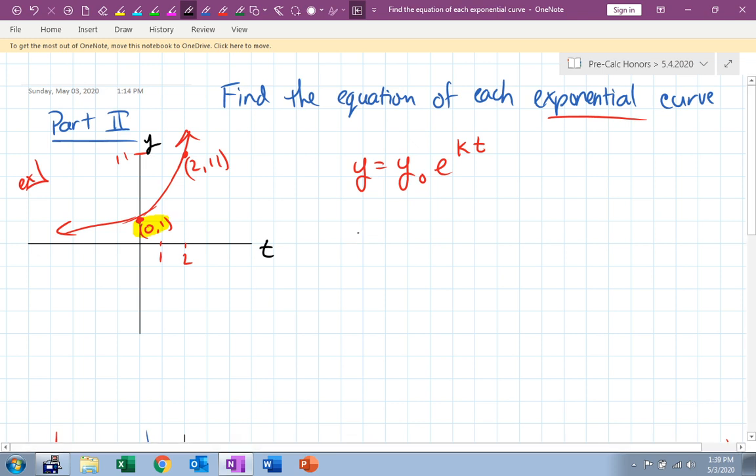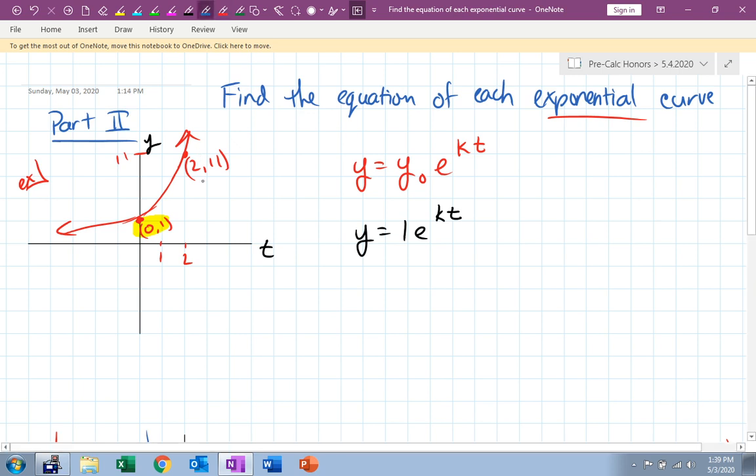So I can rewrite my equation as y equals 1 e to the kt. And really what your goal is here is to figure out, using the other point, what k is. We need to know what k is because that's going to give us our equation. t is the variable. It's like x, right? Time goes on, and y is our dependent variable. It's what's going to be changing.